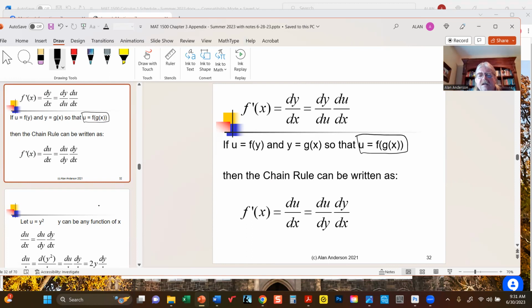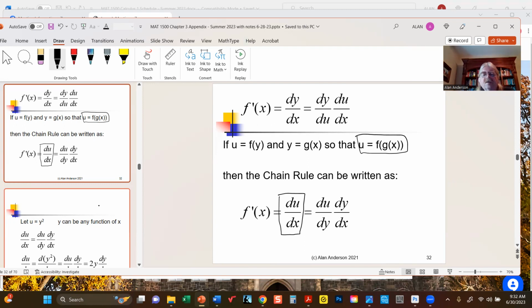And combining that with this chain rule, oh, look what happened now. This can be written as du/dy times dy/dx. So where does that get us?